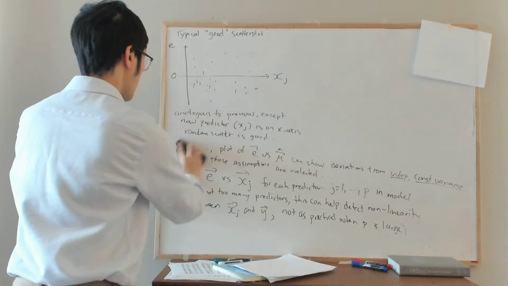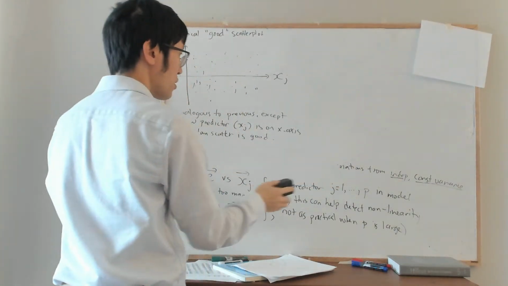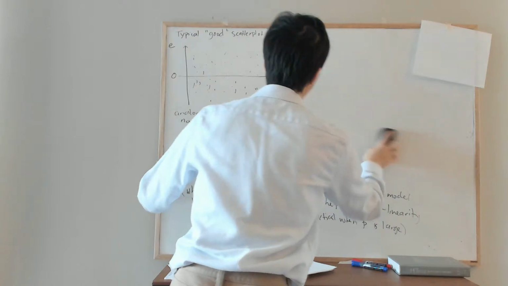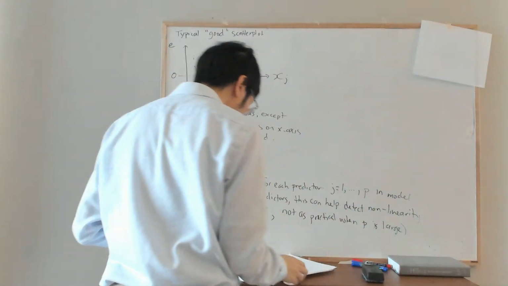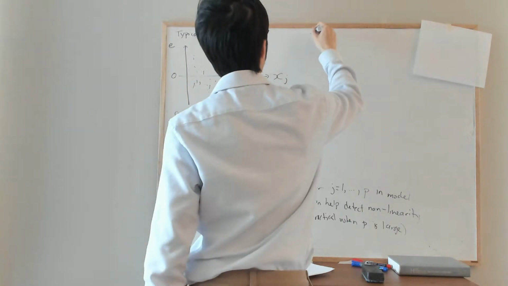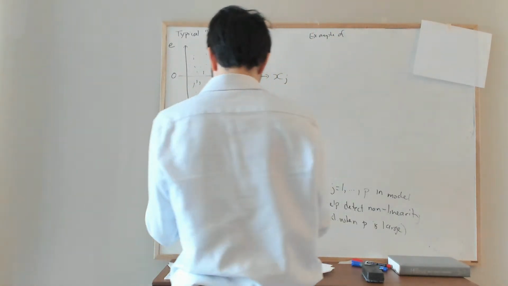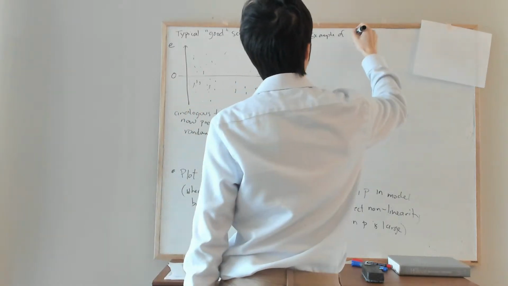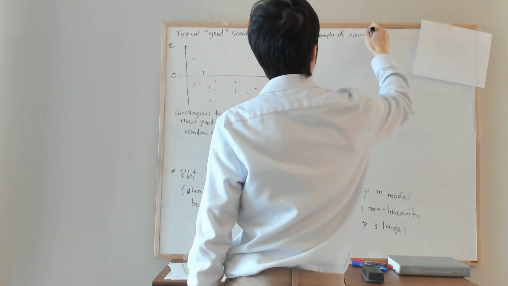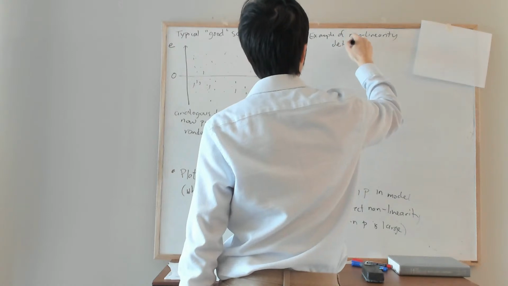Well, how can we sometimes see nonlinear relationships from a plot like this? Here's an example of non-linearity detected by the scatter plot.